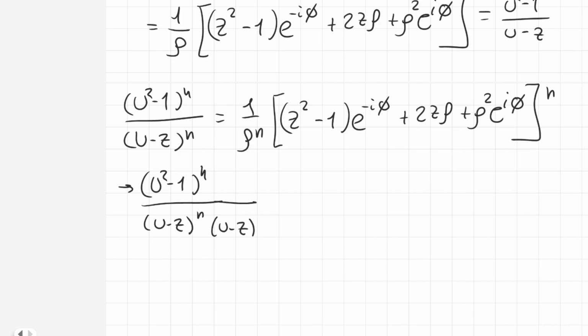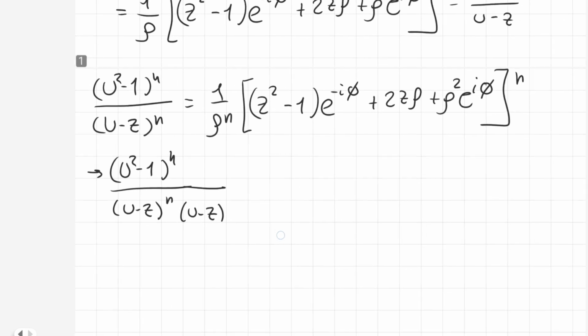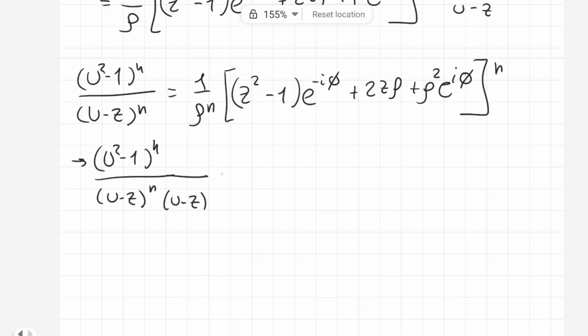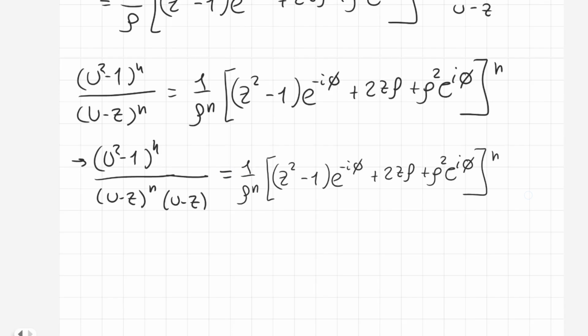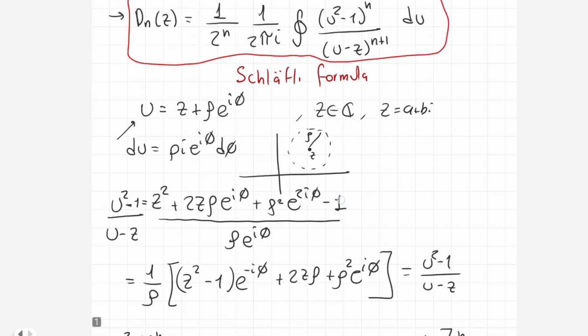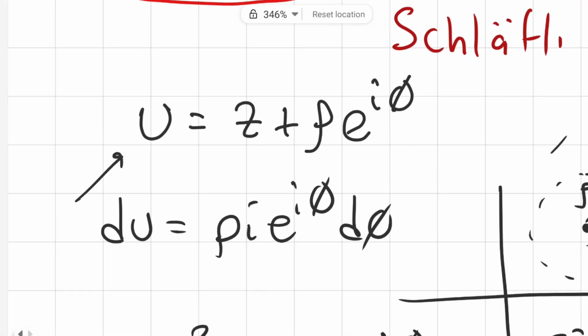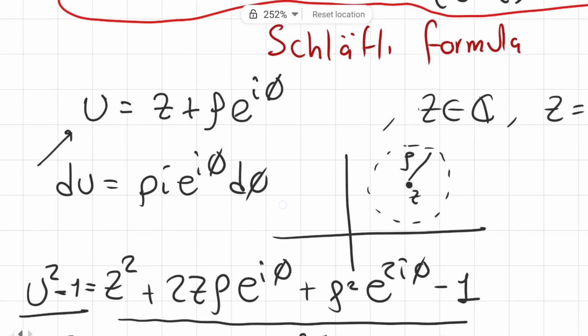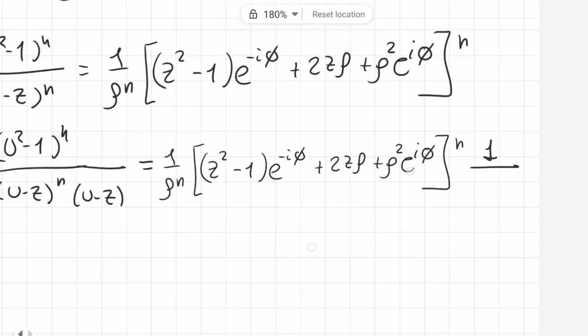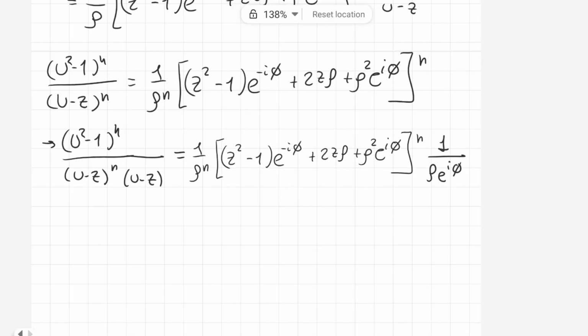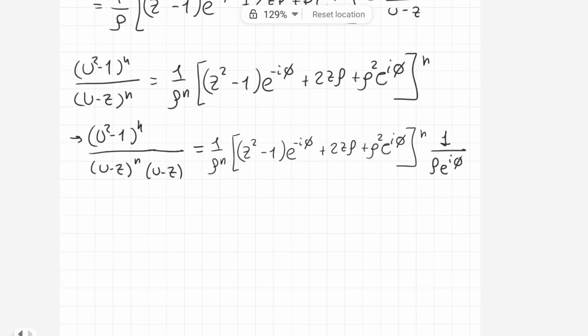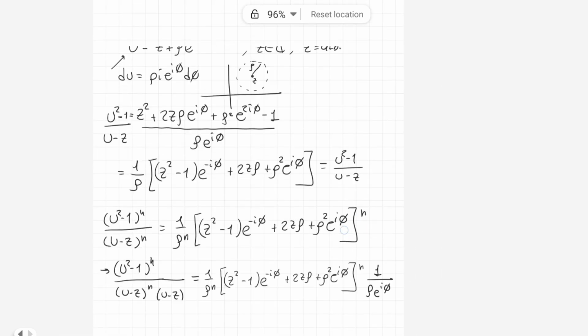To get the n plus 1 power element. So this is going to be this element over here and times 1 divided by u minus z. But again, if we go back here, we see that u minus z is rho e to the i phi. So we will get here rho e to the i phi.